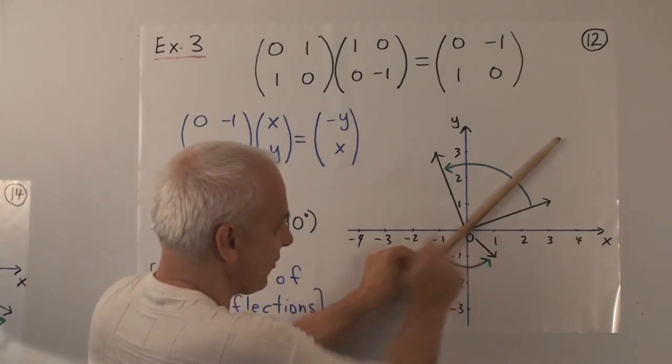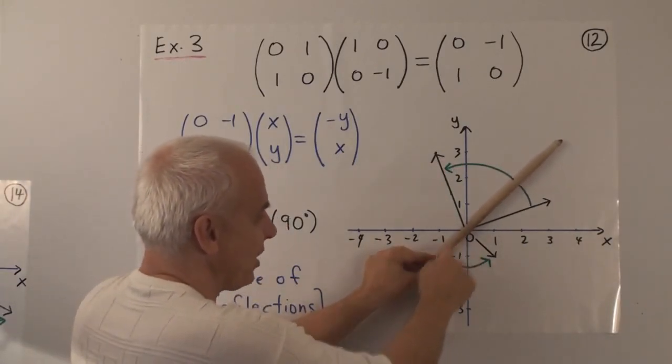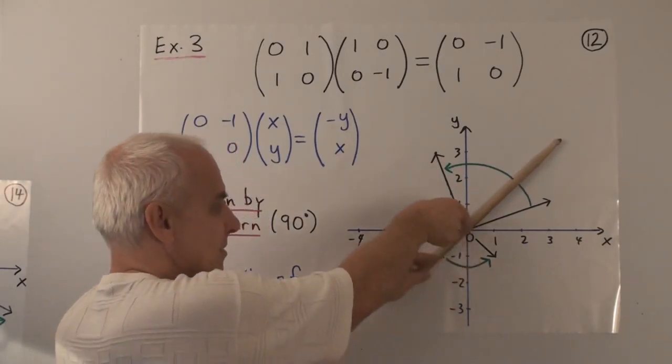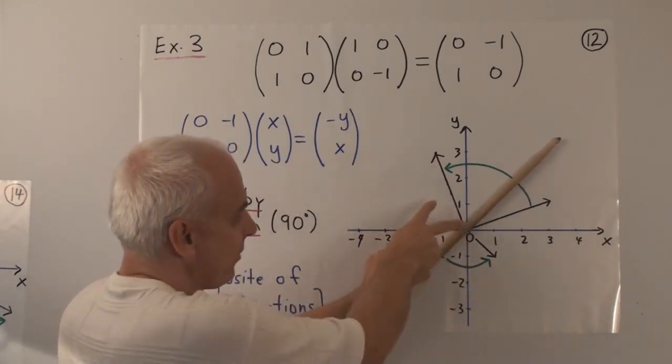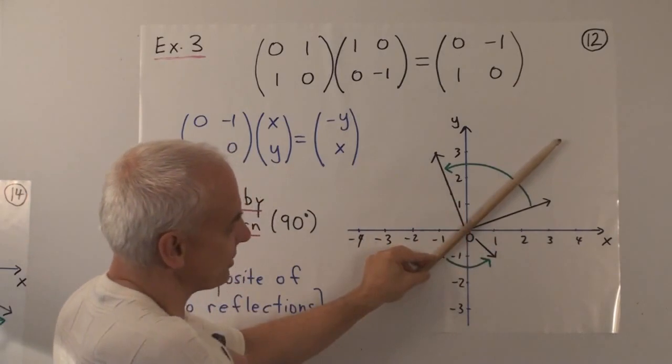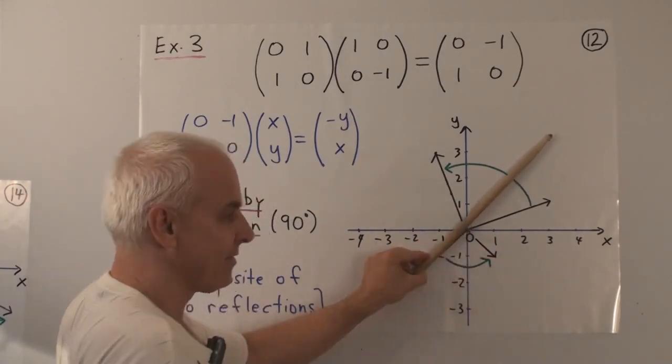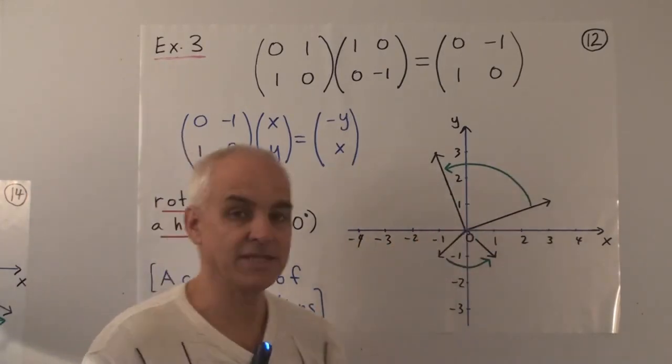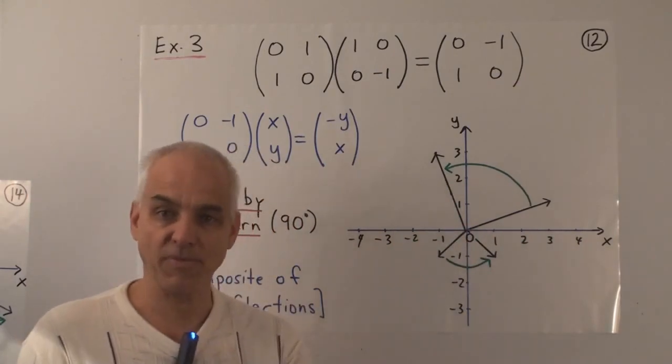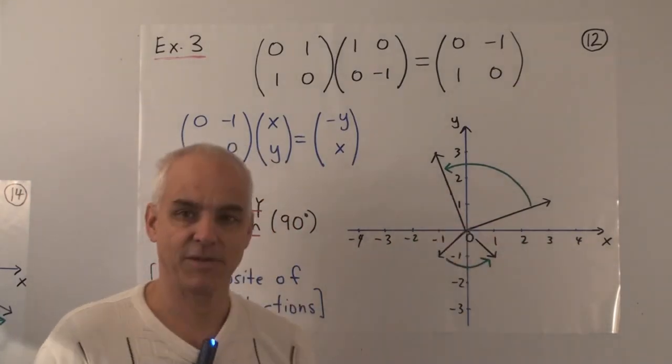Let's try it again for this matrix here too. If we take this vector here and we reflect it, we get the vector up there, and then we reflect it in this line y equals x, we get that vector down there. So rotation by 90 degrees is the product or the composite of two reflections.